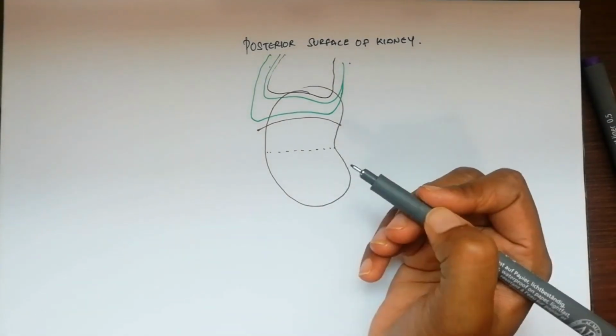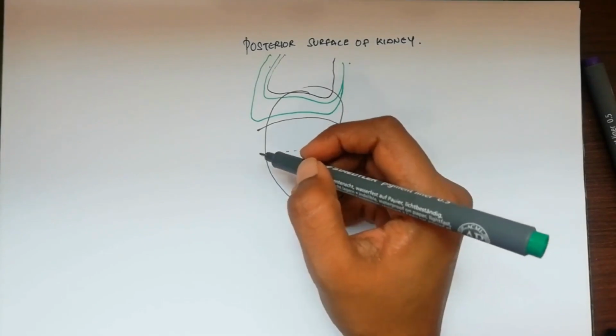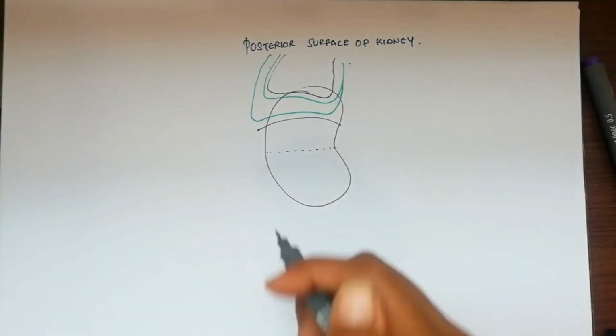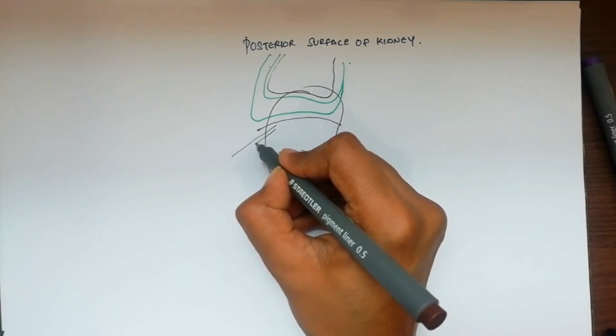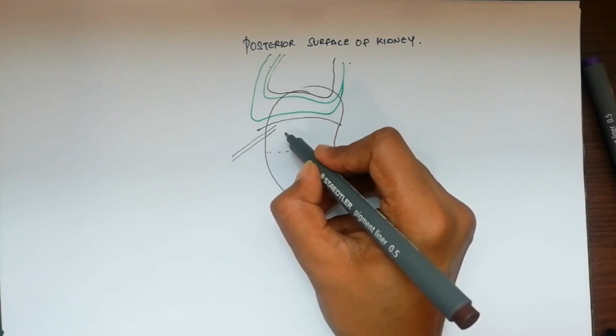So this is the costodiaphragmatic recess, and then we have some ribs extending in the upper aspect, such as the 11th and 12th rib.